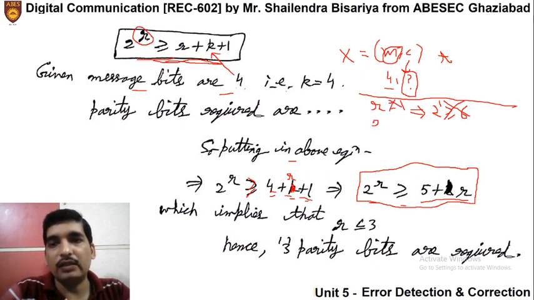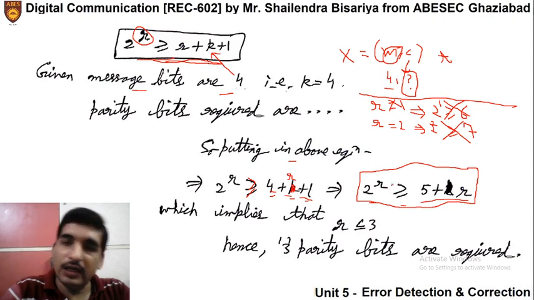Now let r be equal to 2. Then 2 to the power 2 should be greater than or equal to 5 plus 2, that is 7. 2 to the power 2 is 4, and 4 is not greater than 7, so it is again incorrect. So we cannot take r as 1 or 2.